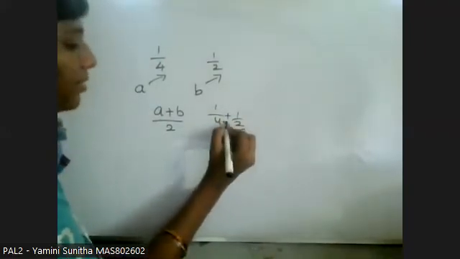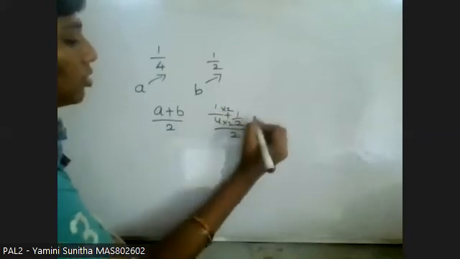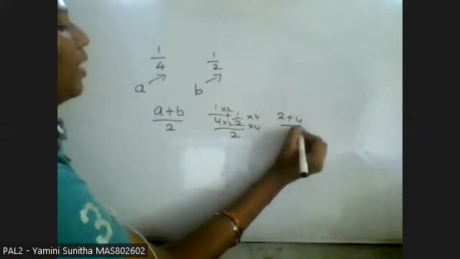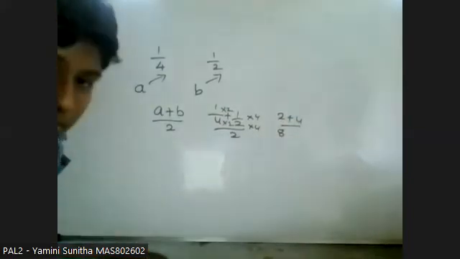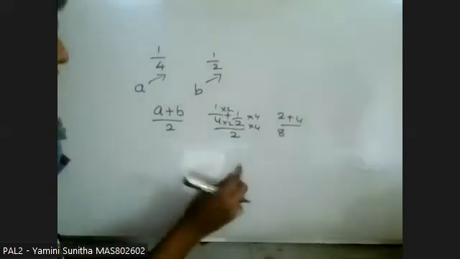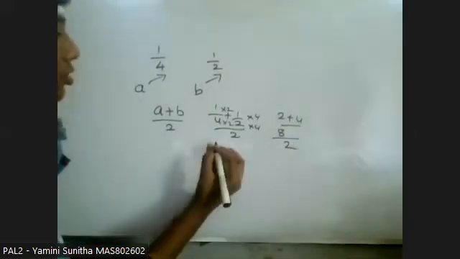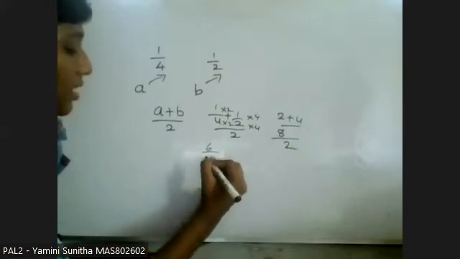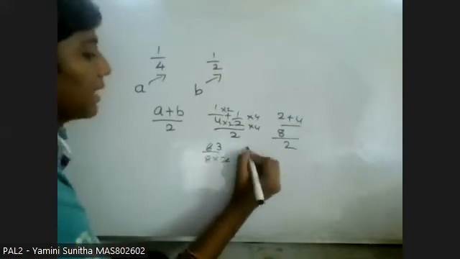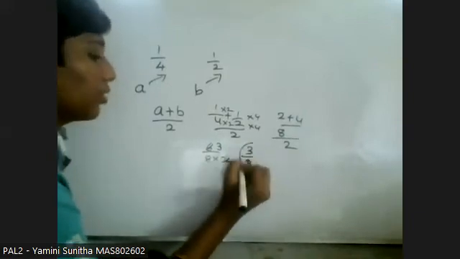Take the LCM: 2 plus 4 by 8, by 2. So 6 by 8 into 1 by 2, which is 3 by 8. We got the same value as before.